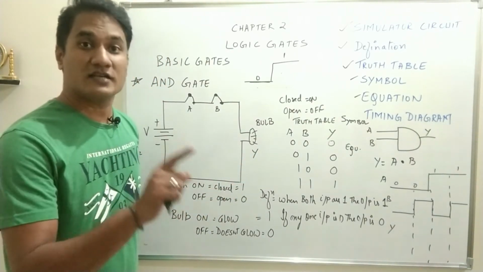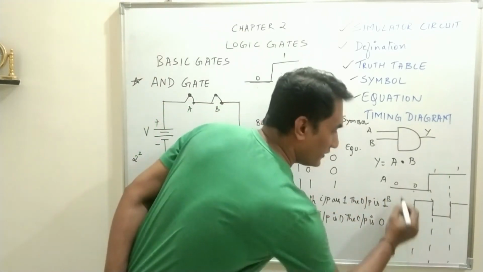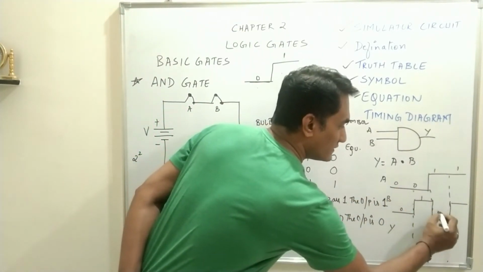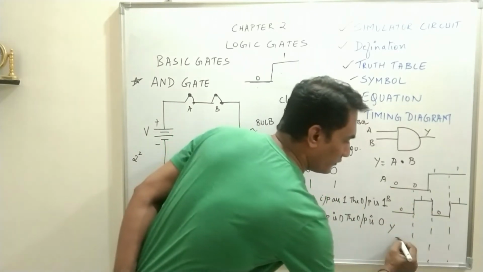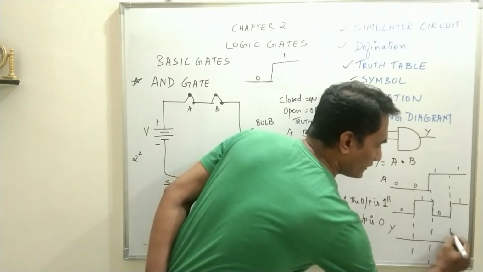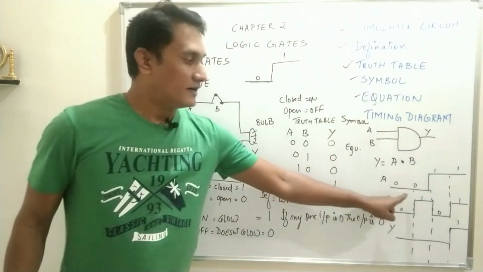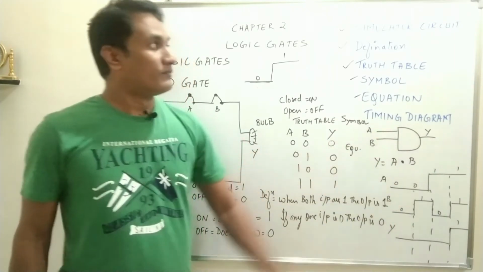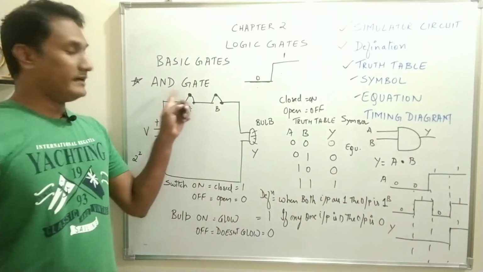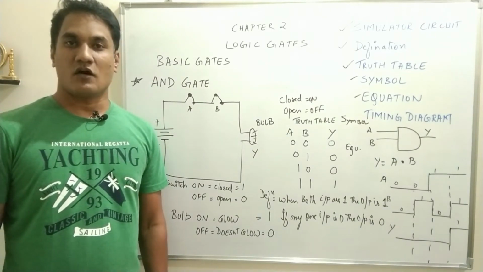When all the inputs are 1, only then the output will be 1. So for 0, 0, the output will be 0; 0, 1, the output will be 0; 1, 0, the output will be 0; and for 1, 1, the output will be 1. So this is the timing diagram for the AND gate circuit.